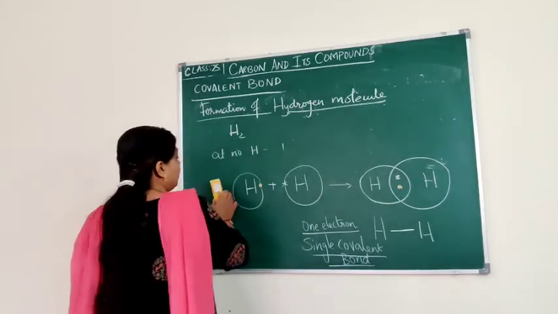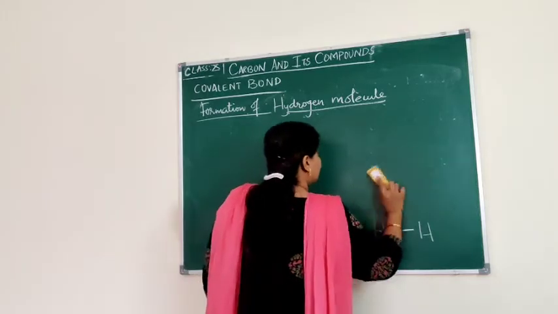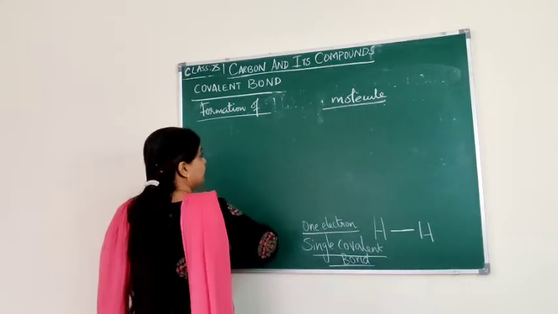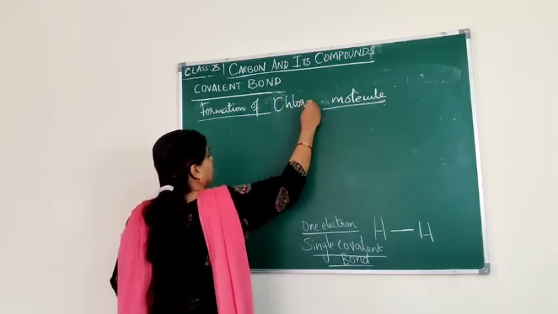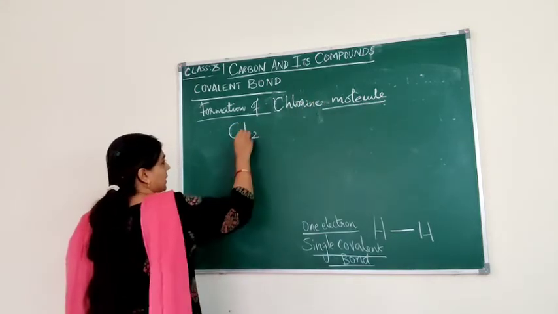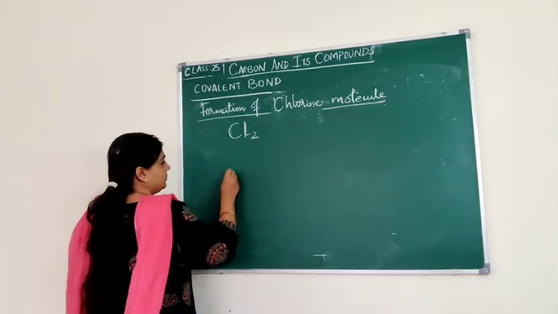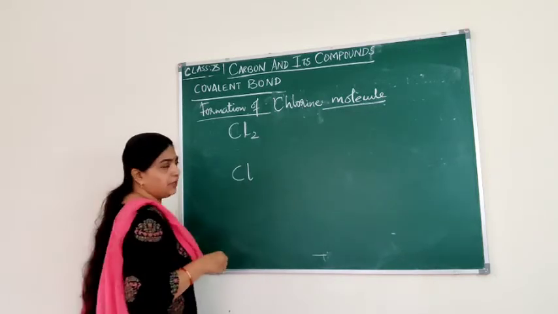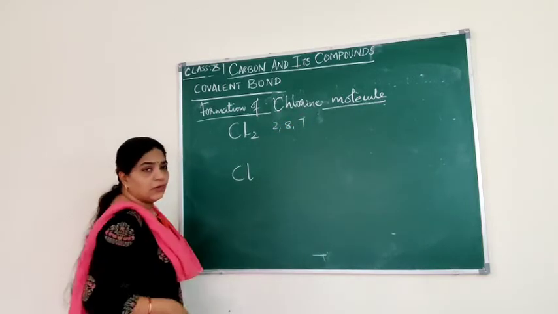Let us do the next molecule. Let us take chlorine. Chlorine is Cl, and the chlorine molecule is Cl2. What is the valence electron count for chlorine? You know the electronic configuration; the valence electron is 7.